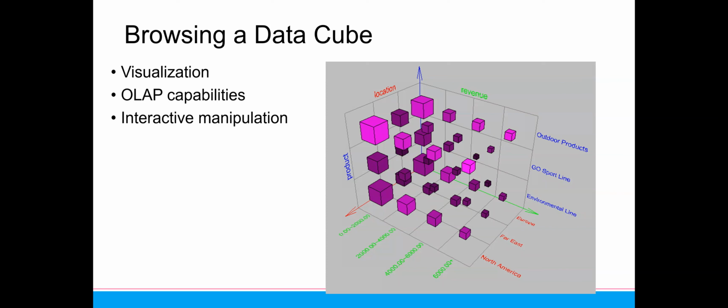We can browse the data cube by using visualization with some OLAP capabilities and interactive manipulation. If you look at this visualization, you can look at the location, the product, and the revenue.